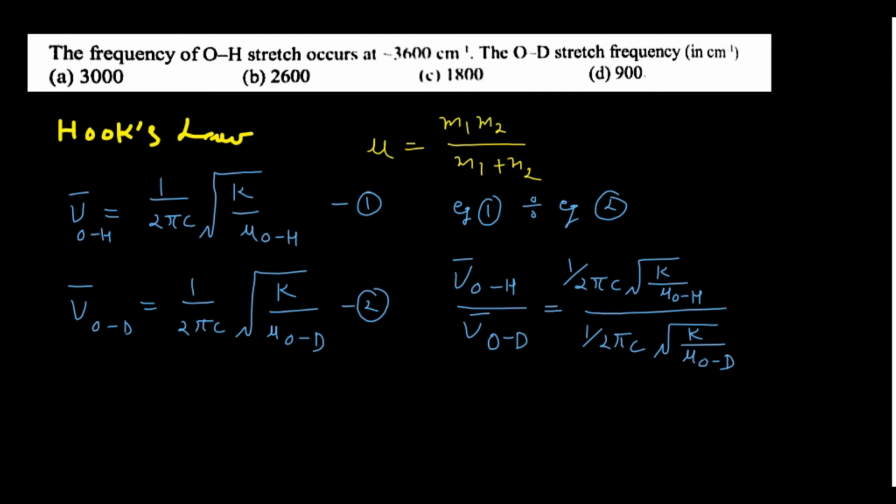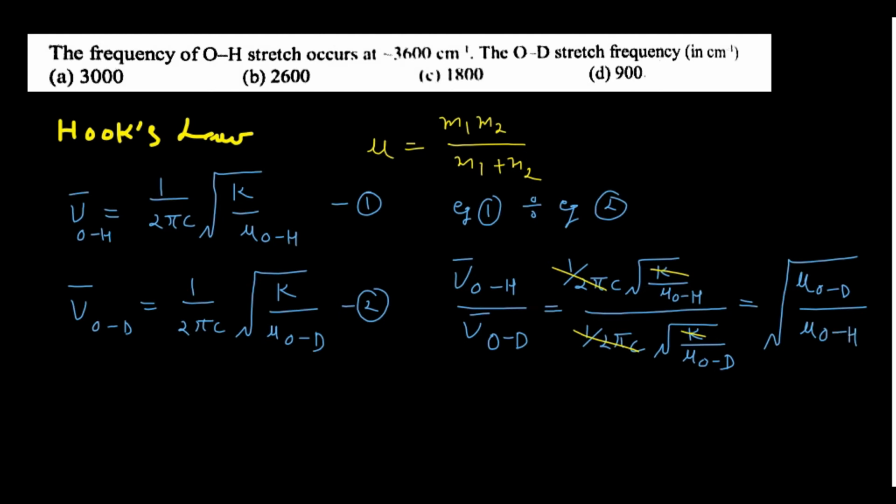So you can cancel these as well as this k. Finally, since this is in the denominator, the inverse will go up, and this is already in the denominator, so this will come down, and your expression would be like that, root of mu OD divided by mu OH, right?